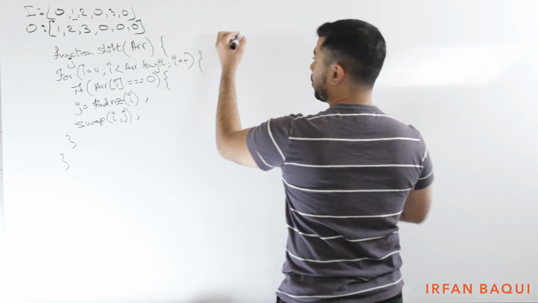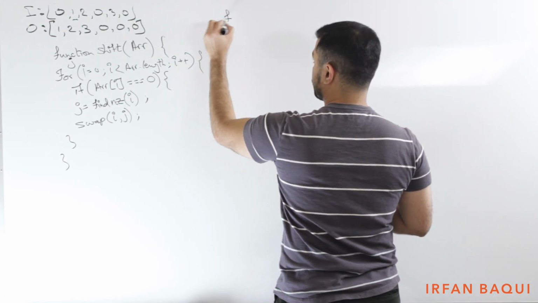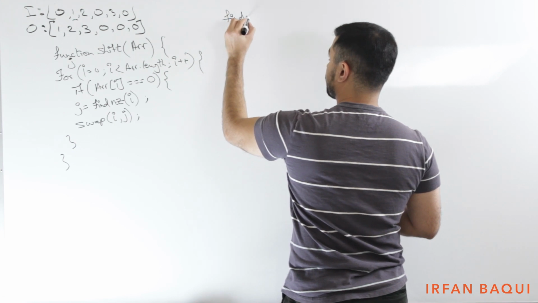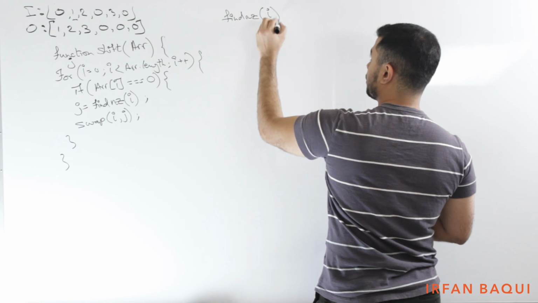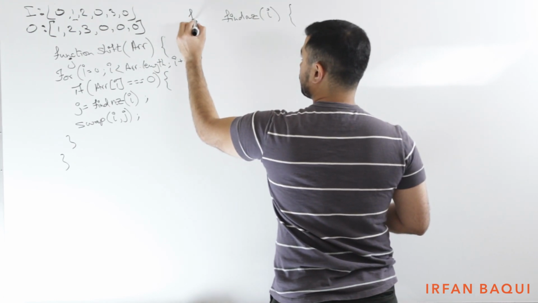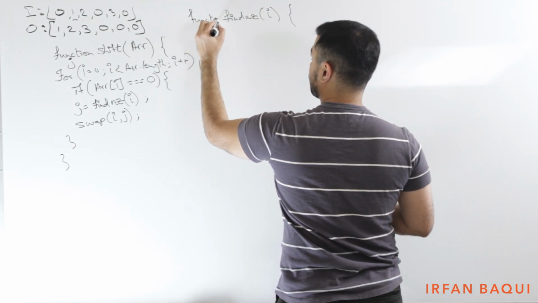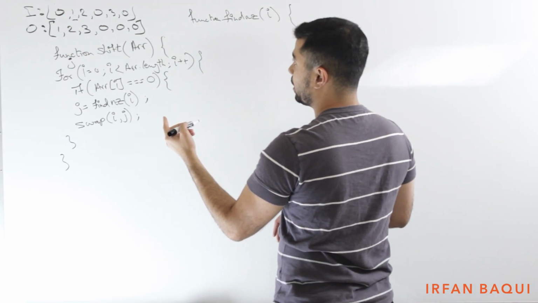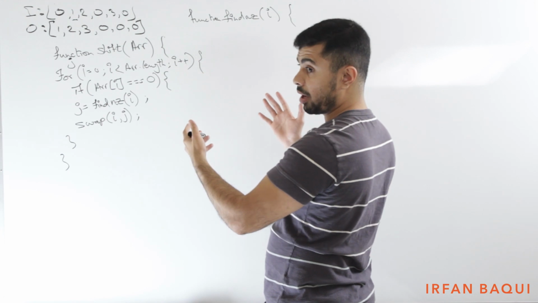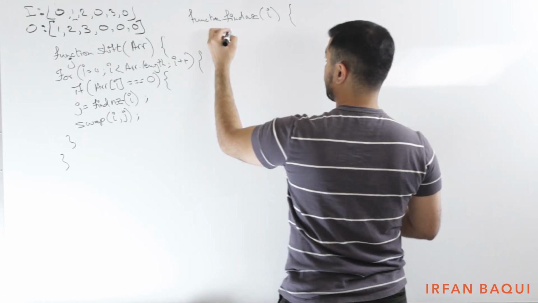So let's implement the findNZ function. It takes in an index, and it is looping through the array till it finds the next non-zero.